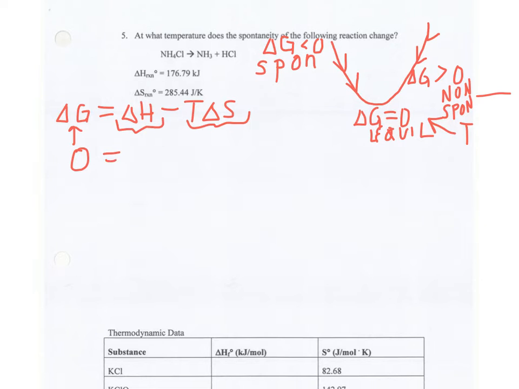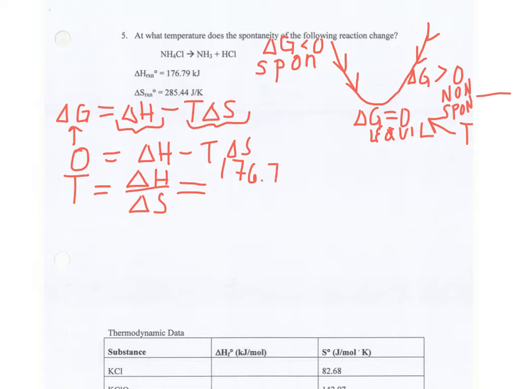So 0 equals delta H minus T delta S. T equals delta H over delta S. And we're given those values, so we can substitute those numbers in. The enthalpy of reaction is 176.79 kilojoules.